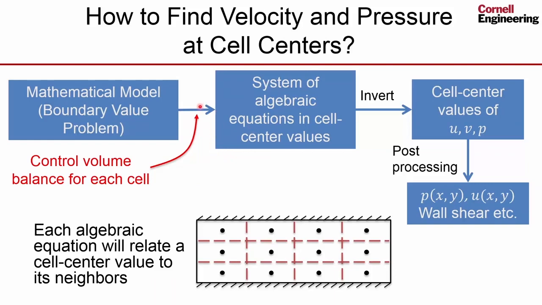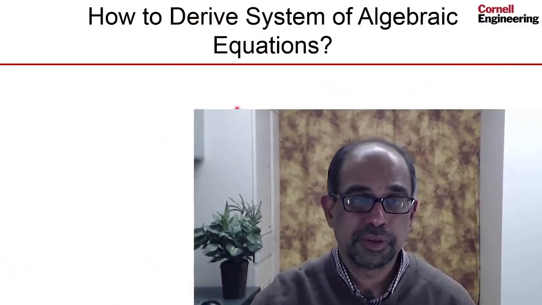So the heart of the method is, in fact, this step, and let's take a look at that next. How to derive the system of algebraic equations from the mathematical model. In the finite volume method, this is done using the integral form of the governing equations rather than the differential form.